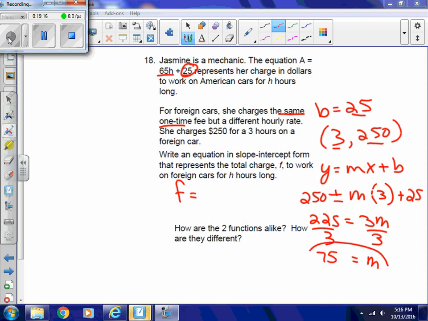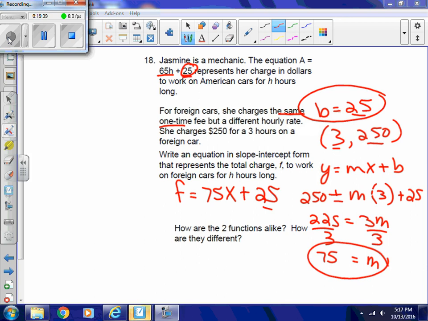So I've got M. I remember B is the same for American cars as it is for foreign cars, so I can write my equation. The charge for foreign cars is equal to 75 times x plus 25. Notice we have the same B, but we have a new slope.